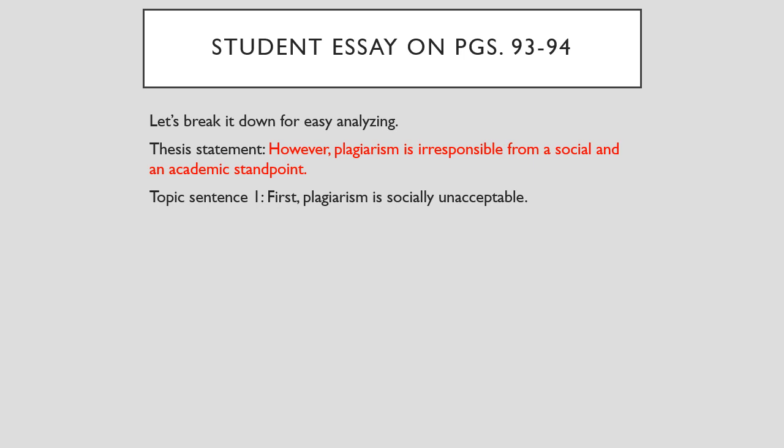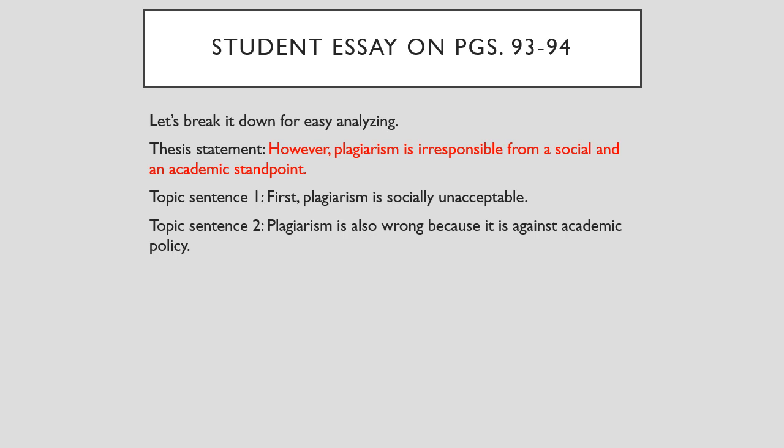Okay, so in the next topic sentence, we have plagiarism is also wrong because it is against academic policy. Now, in the thesis statement, the writer spoke about what? The writer spoke about academic standpoint, right?